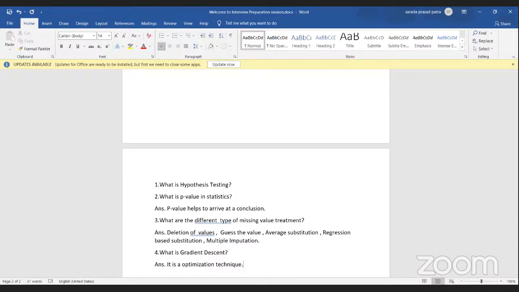Gradient descent is an iterative optimization technique used to determine the minima of the cost function. It is used to improve the accuracy, like Sujit said, and minimize the cost function. Yes.